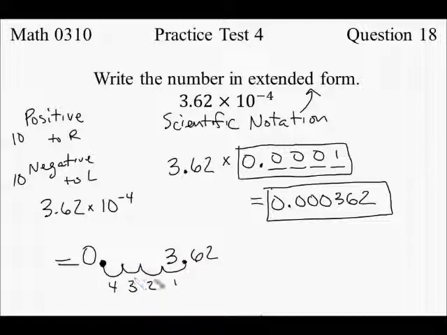We can't just have blank spaces, so each place that we moved over needs to be filled in with a 0 in that particular place value. We no longer have a decimal place where it used to be; it is now in this place here. So we end up with the same answer, 0.000362, and that is answer choice A.